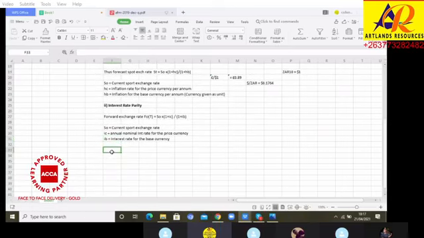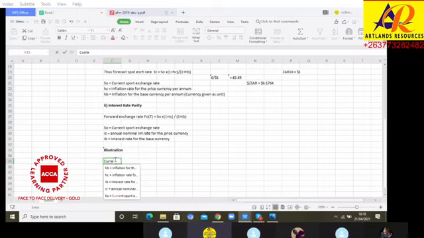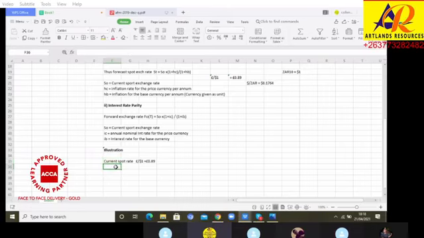It would make sense if I put some illustration. These are dummy figures. The current spot rate is pound per dollar equals 0.89 pounds.